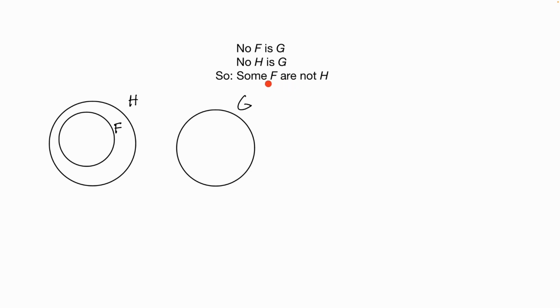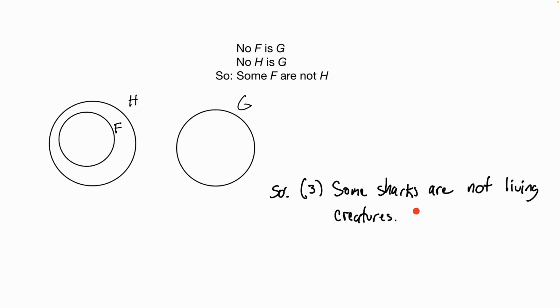So I want to pick a category F where everything that is F is H. I want to pick a category F and a category H that make this picture true. So let's say, how about some sharks are not living creatures? That's false. Every shark is a living creature. So now I've got a conclusion that fits this form that's false.